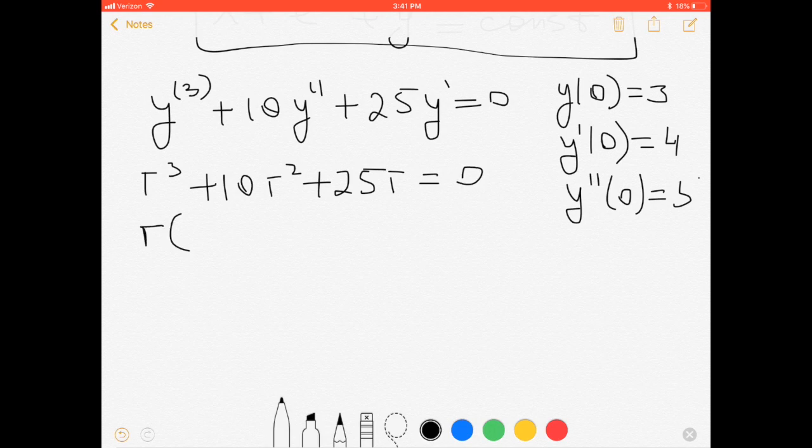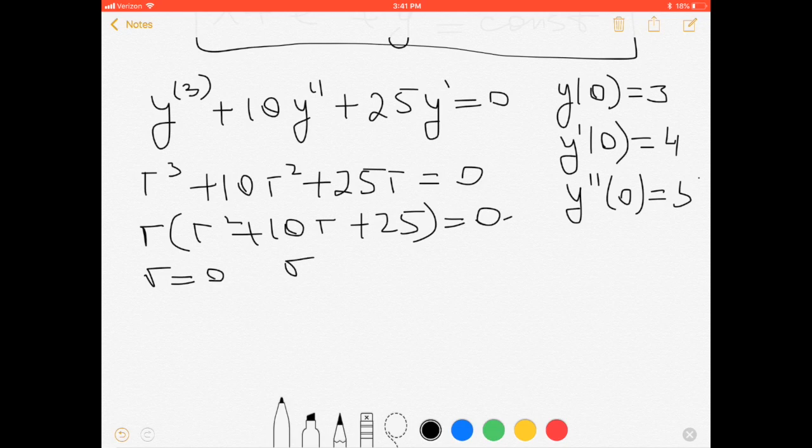Take r out, you have r squared plus 10r plus 25 equals 0. And here you have r equals 0 first, and second r equals the third one, equal to negative 5.